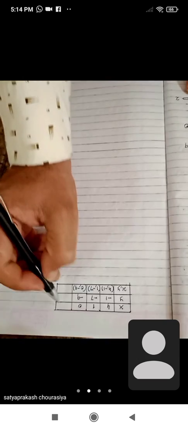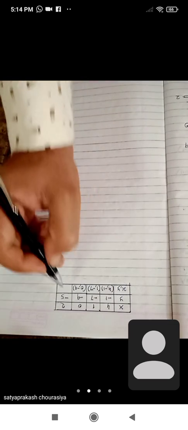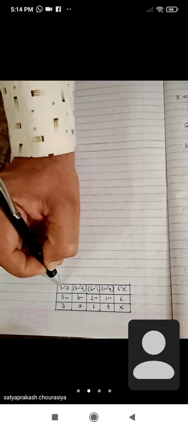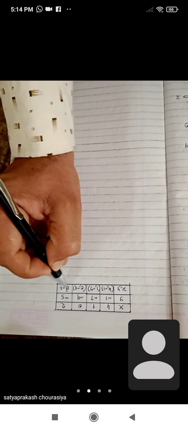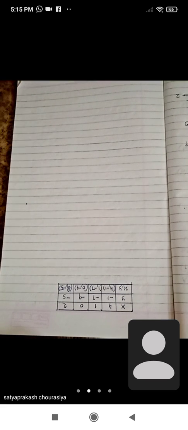And next one, x is 2 and the y value is equal to minus 5, so 2 comma minus 5. Now we have to plot these points on graph paper.